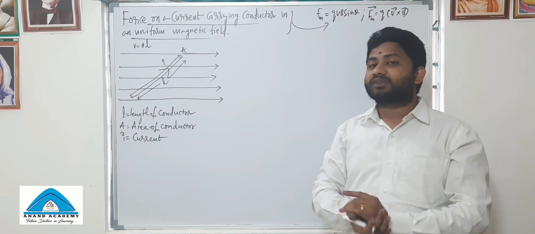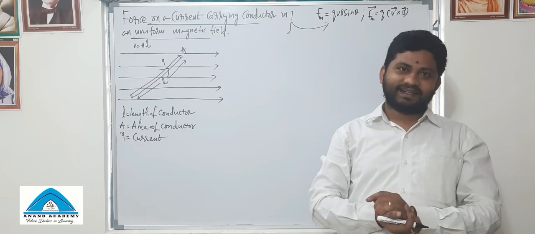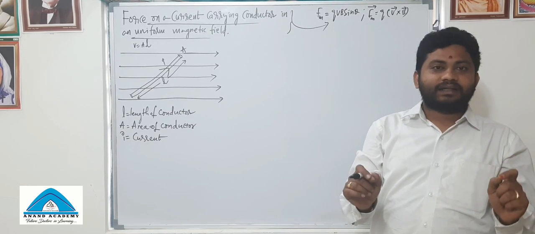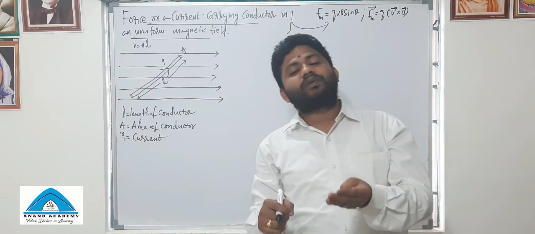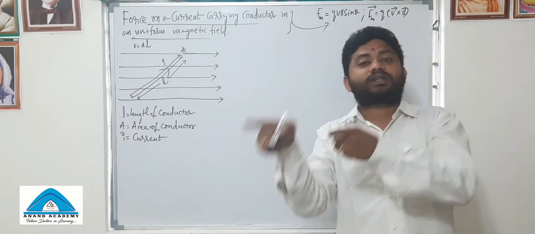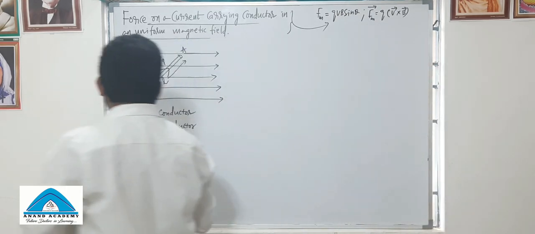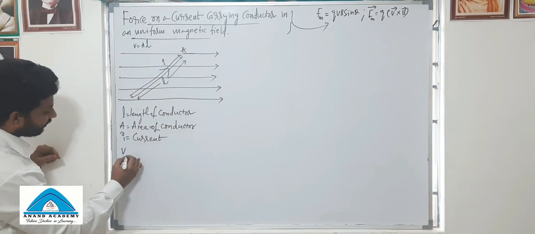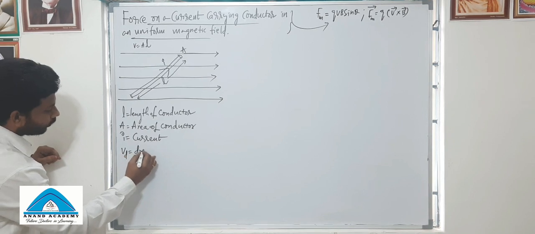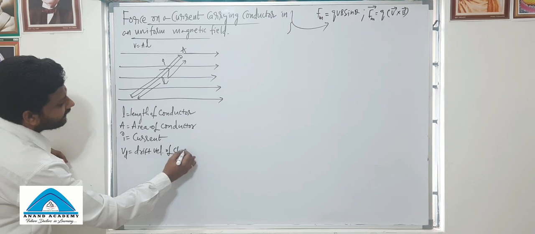They will be moving with velocity. So what is that velocity called? Drift velocity. In a conductor, the free electrons will be moving with the drift velocity. With the same velocity, the positive charges will be moving in the opposite direction. So now I am writing here V suffix D, which is equal to the drift velocity of the charges in a conductor.